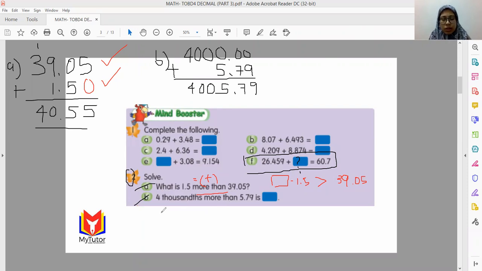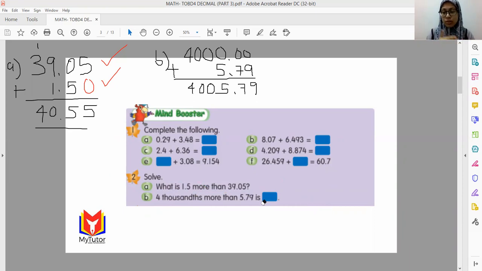Sorry. Question B is asking 4,000 more than 5.79. So it's similar to A, right? I'm just going to erase a little bit. What it's really asking, similar to 2A, is 4,000 more than 5.79.